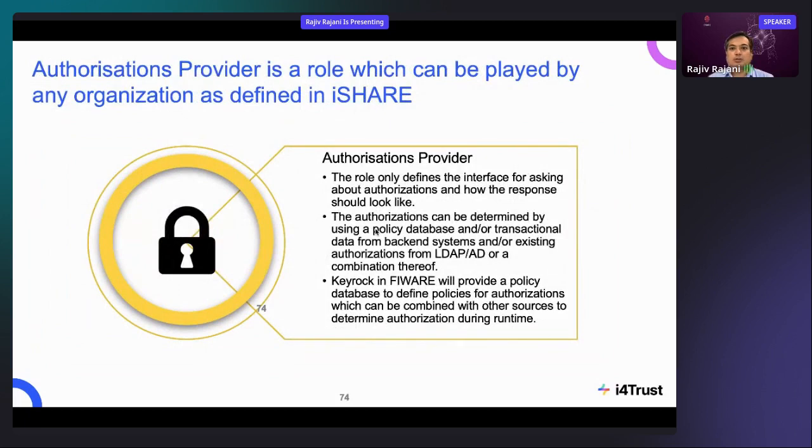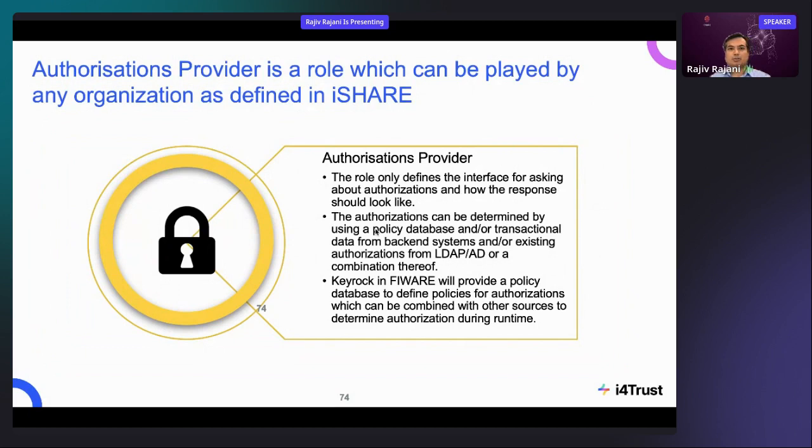Authorization provider role. As explained, the authorization registry provider is basically an endpoint where service providers can check for authorizations from data owners to data consumers. The authorization registry itself is responsible for its own implementation, and the reference implementation is done in Keyrock, an open source Fiware component, which allows you to store policies that define the authorizations.